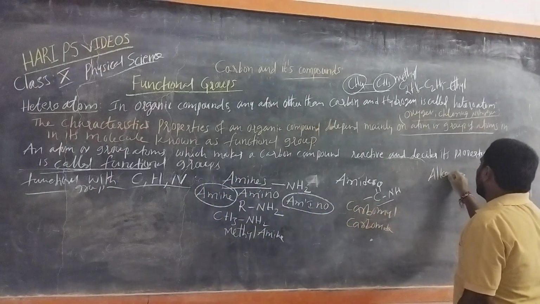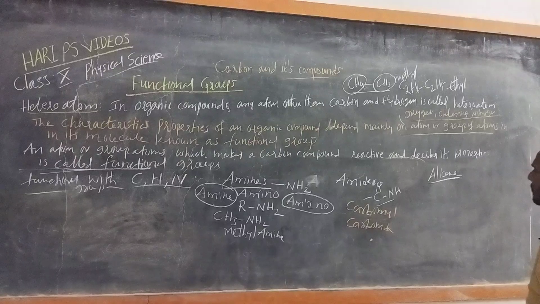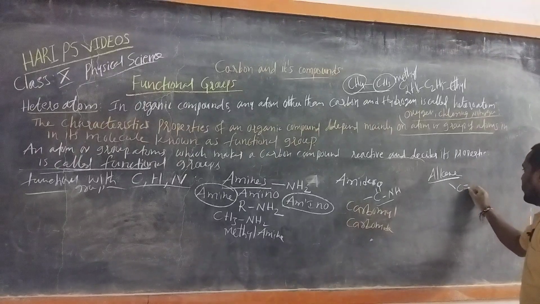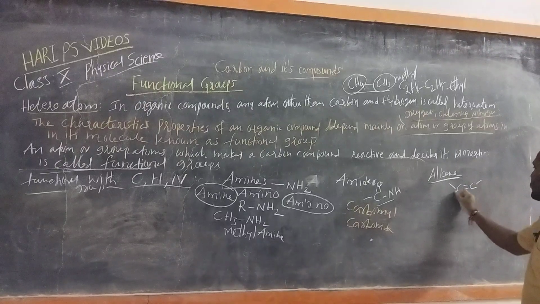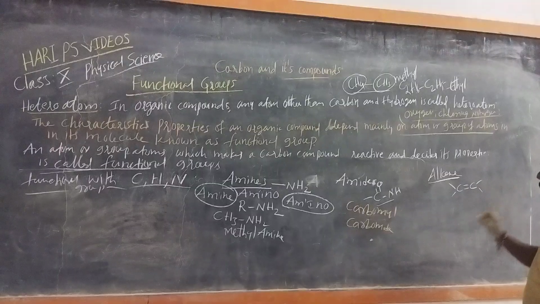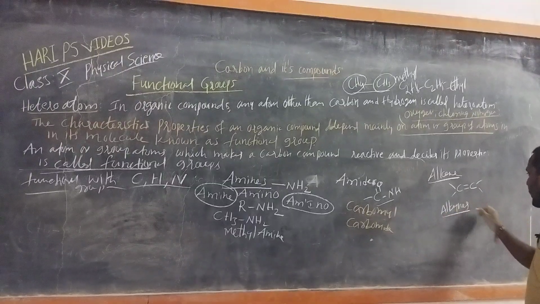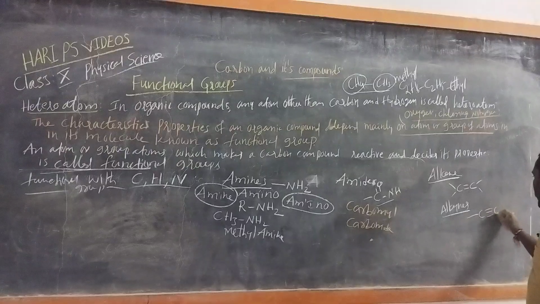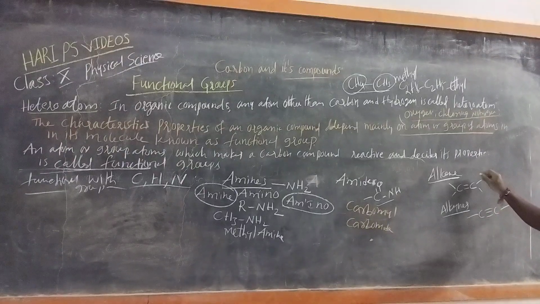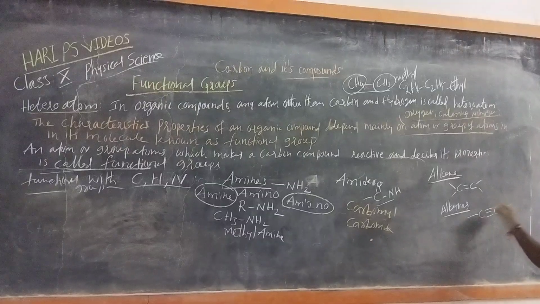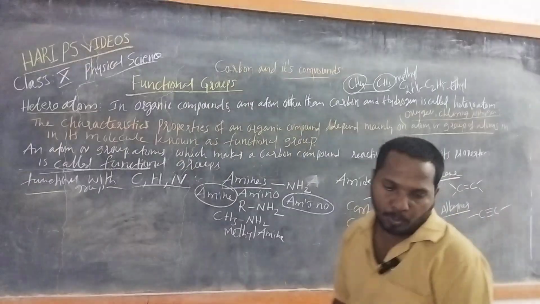Along with this we have alkene functional groups, C double bond C, and alkynes, C triple bond C. This is also a functional group and this is also a functional group.